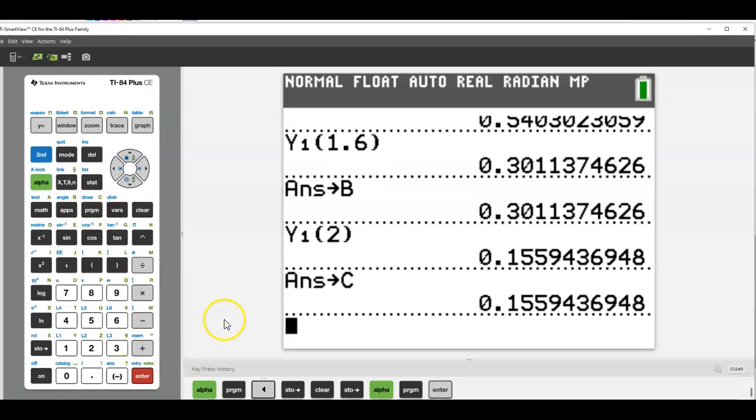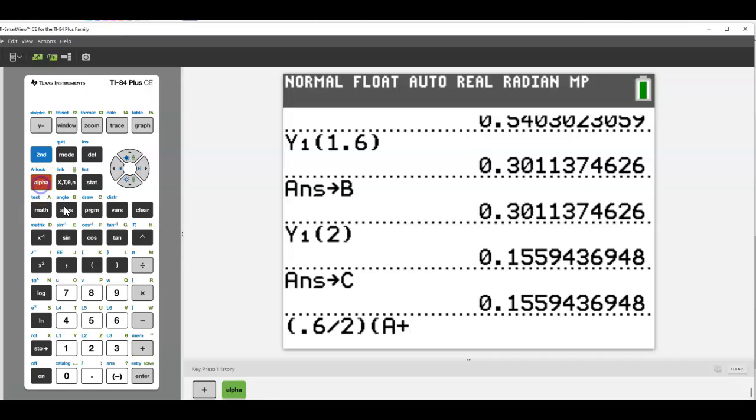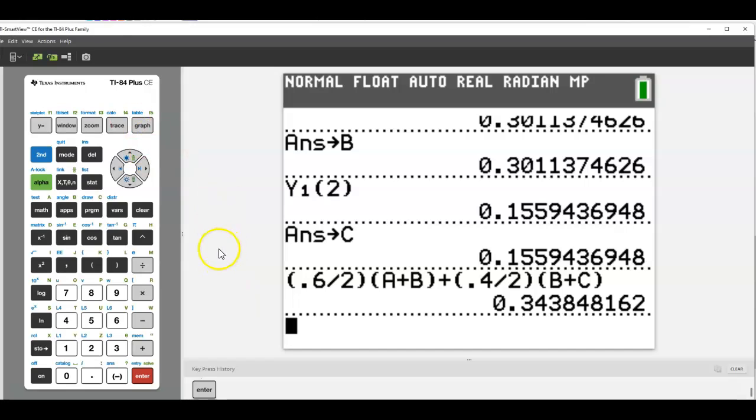There we go. All right, so my first trapezoid had a height of 0.6 divided by 2, times the sum of the bases, which was A and B. Then we're going to add to that the second trapezoid, which had a height of 0.4, divided by 2, times the sum of the other two bases, which was B and C. And there would be our answer, 0.344, if you round to the nearest thousandths place.